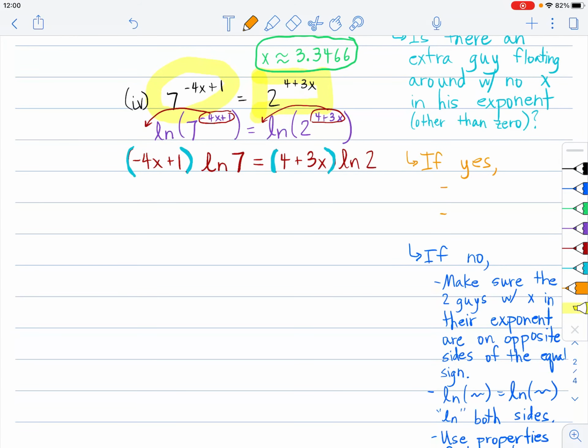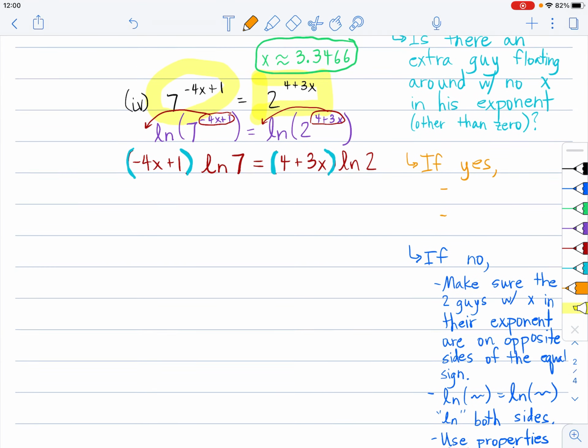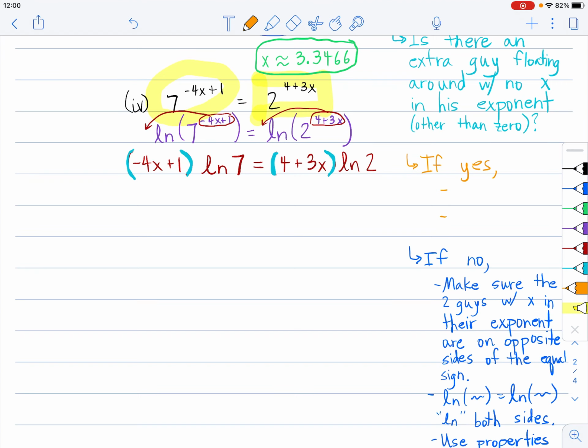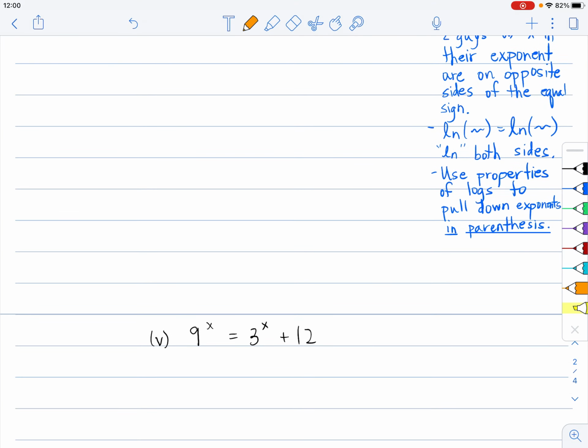Okay, so once we've pulled down our exponents in parentheses, sometimes you won't need the parentheses, but sometimes you will. Then we are going to distribute, if necessary. Solve for x.